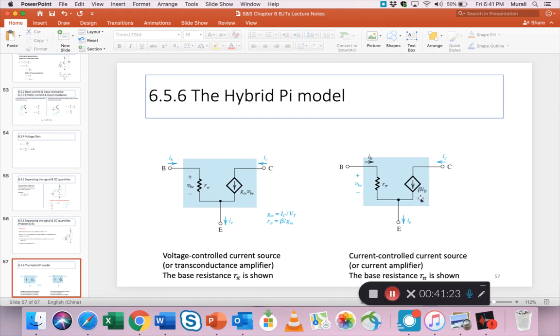Okay, same thing here, but here instead of a GM, he is using a beta, but it's still beta times IB, the base current here, instead of directly using the base voltage. Okay, so it's still a current controlled current source. Or you can call this a current amplifier. Here we call it a transconductance amplifier.